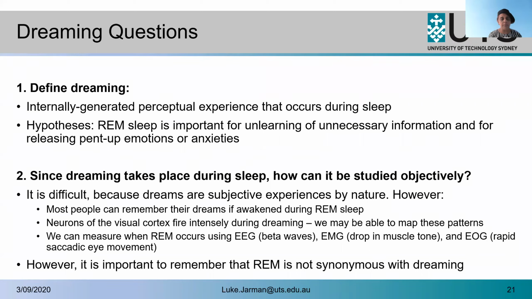Okay, so since dreaming takes place during sleep, how can it be studied objectively? Most of the time it is difficult because dreams are subjective experiences by nature. However, most people will remember their dreams, so you can actually give them questionnaires after they wake up and identify what types of dream they had and so forth.